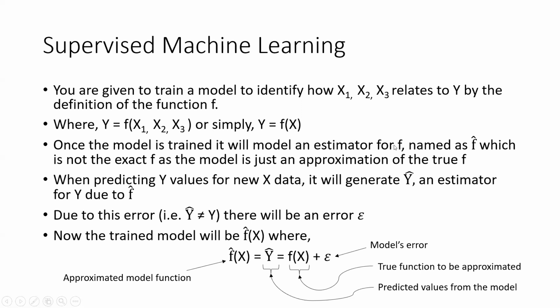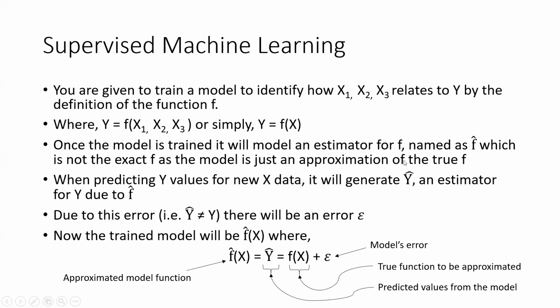So instead of finding f, with machine learning we are going to find f hat, which is an estimator for f in statistical terms. When you give x1, x2, and x3 to this f hat, we get an estimator not of the exact y, but of y, which is y hat, right?